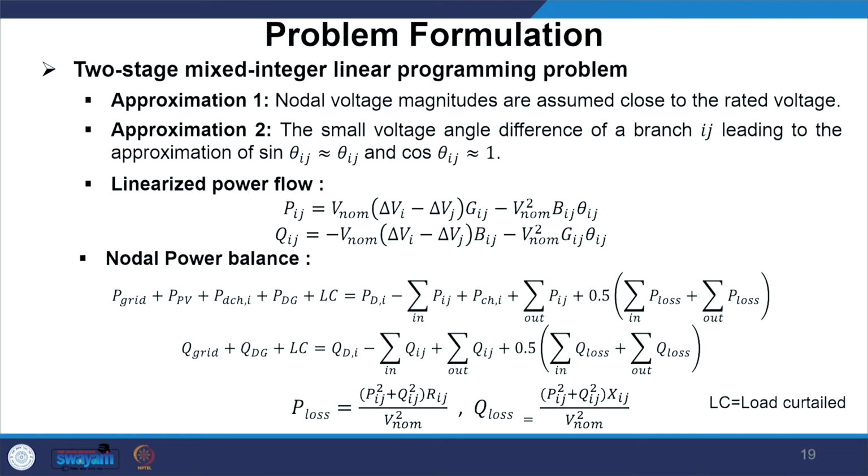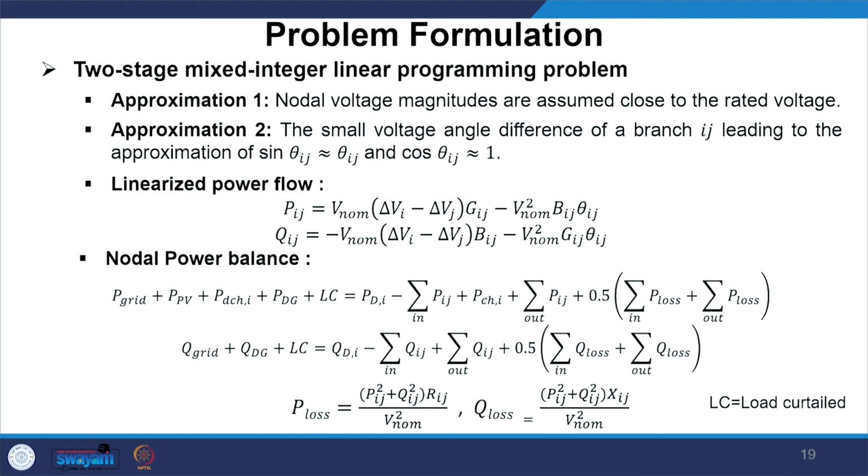Now, you formulate the problem using two-stage mixed integer linear programming, where approximations 1 and 2 need to be focused on. We assume that the nodal voltage magnitudes are close to the rated voltage, and the small voltage angle difference of a branch ij leads to the approximation that sin theta ij is theta ij, and cos theta ij equals 1.